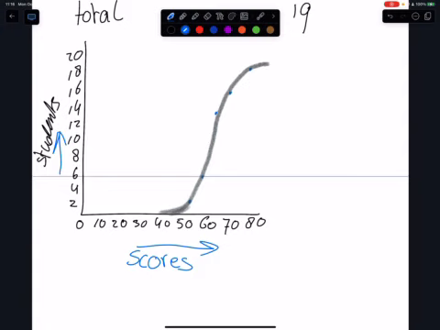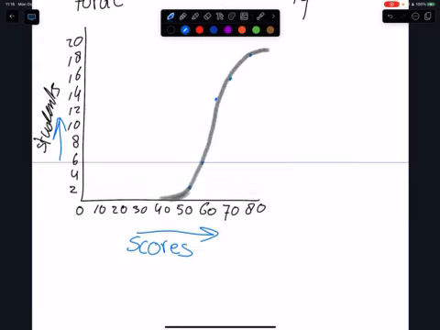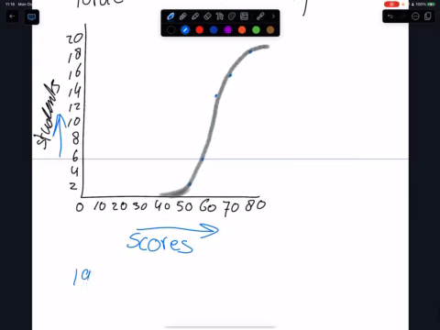So I divide by 2 the amount of students, and I get 9.5. So where do I have to look? 9.5. Somewhere there. Then you go down.